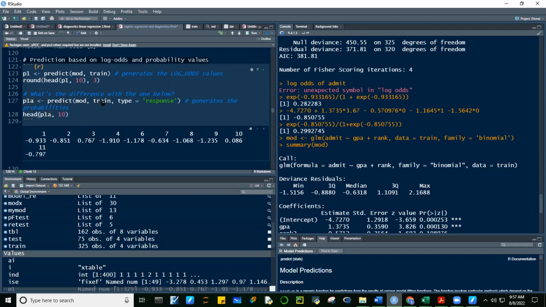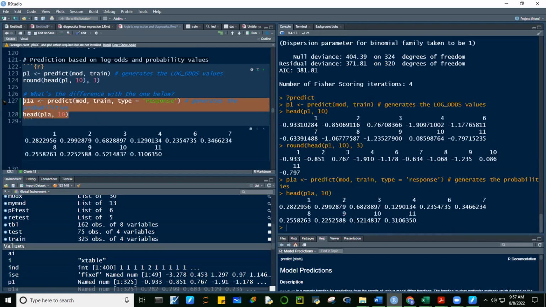Pareho lang yung syntax, pero may linagay tayong parameter dito. Type is equal to response. And then let's have it printed. Okay, so let's run this. Okay. So i-round ulit natin to. Masyadong mahaba. Kahit 3 decimal places ulit.